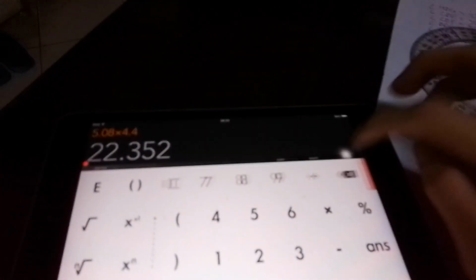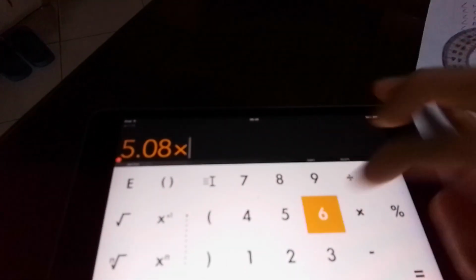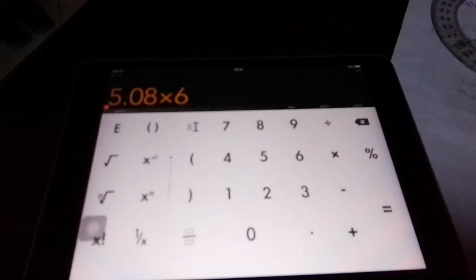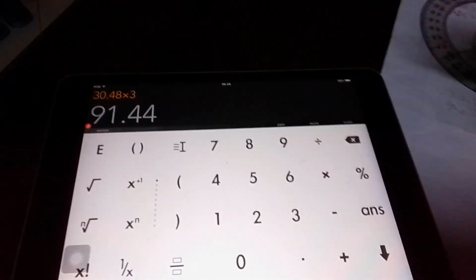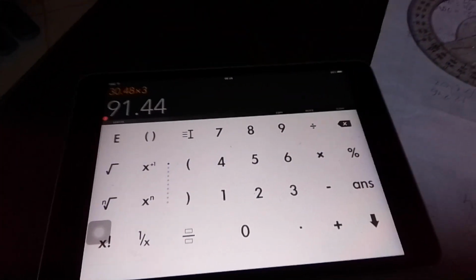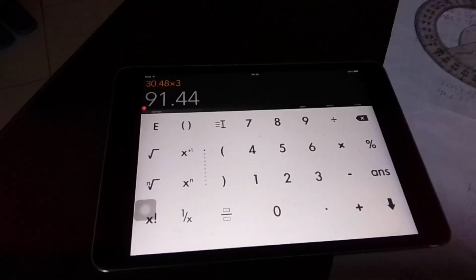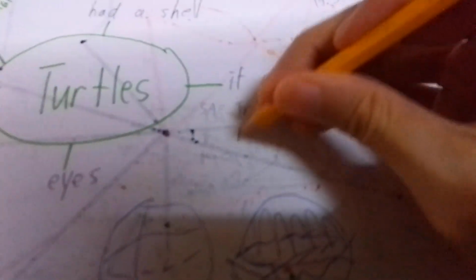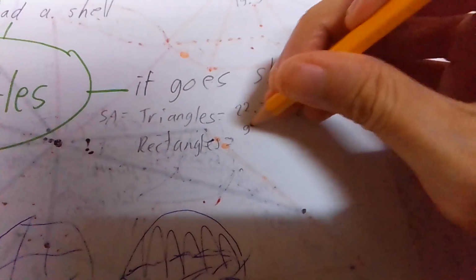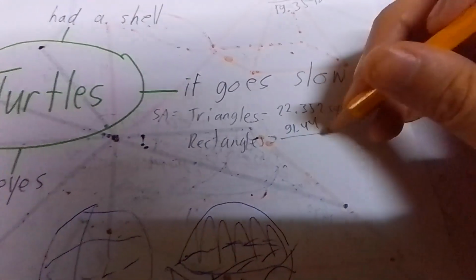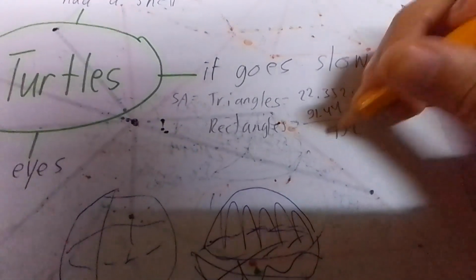Remember we have 5.08 times 6, so that we can get the area of one face. Now multiply it by 3. So therefore, that's our answer. For the rectangles, we should get 91.44.